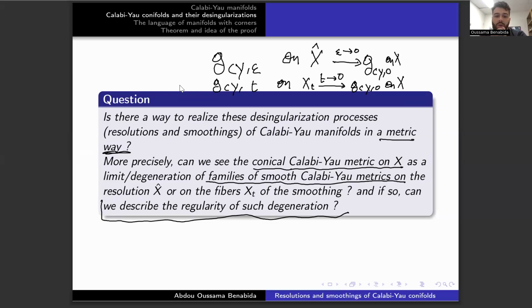One of the interests of transforming these desingularization processes, which are algebraic processes, into something metric, is that this would allow us to do analysis. So we could study, for example, the degeneration of the Laplacian. We can look at some invariants, for example, what happens to the holomorphic analytic torsion throughout this degeneration, and so on.